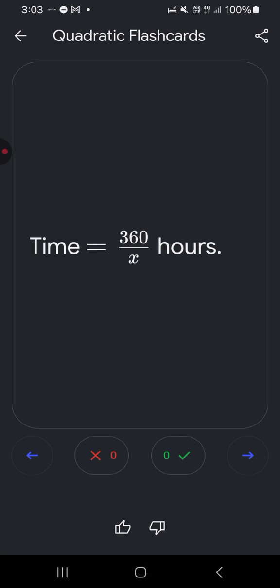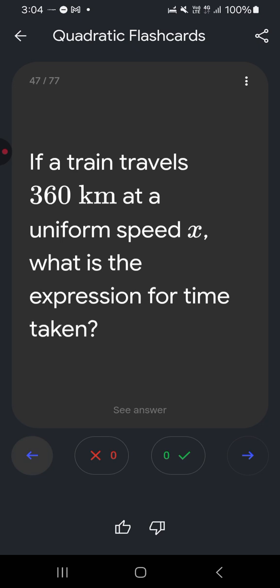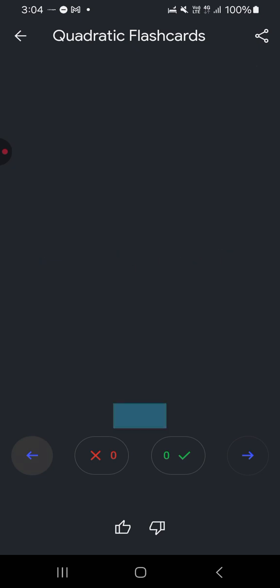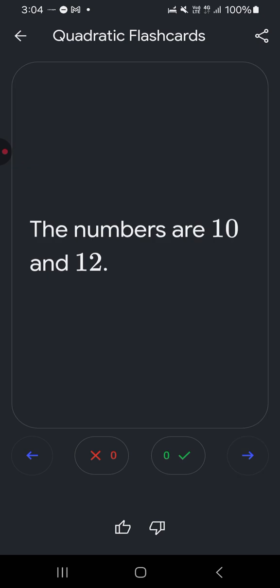Time is equal to 360 upon x hours. If the sum of squares of two consecutive natural even numbers is 244, find the numbers. The numbers are 10 and 12.